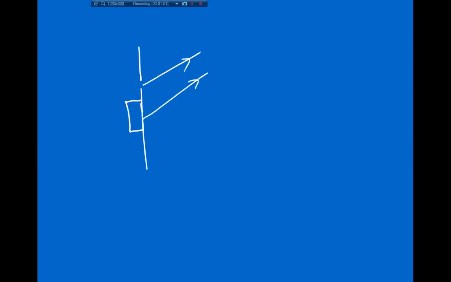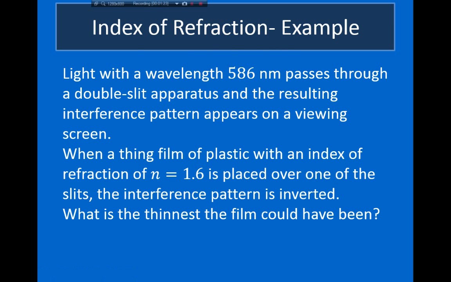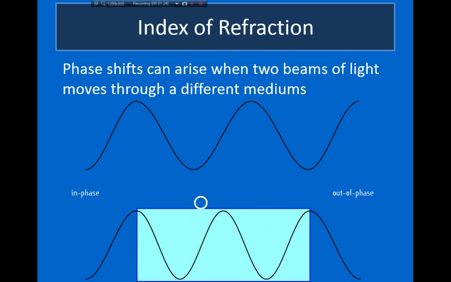Now, if we think about this, if I have a place where we used to have constructive interference, and then I put this film in, and now we have destructive interference, what that means is that this film is going to create a phase difference between these two waves that is exactly equal to 1/2 of a wavelength. So what we have here in this example is exactly the same thing that we had in this illustration on the slide here.